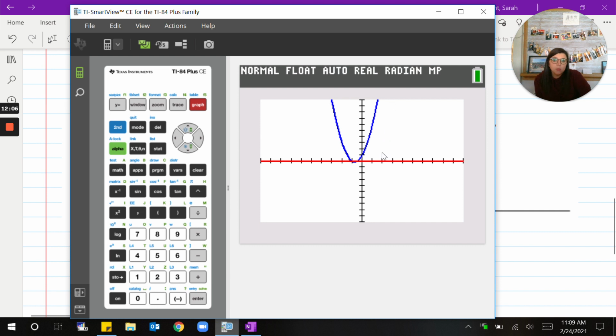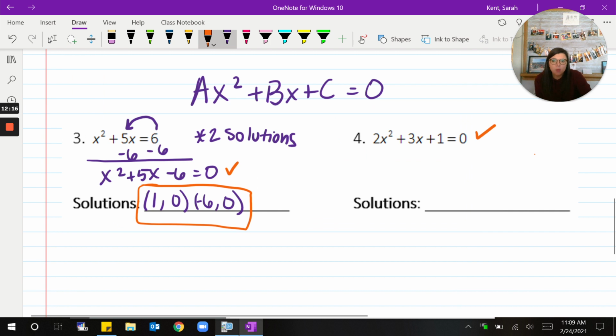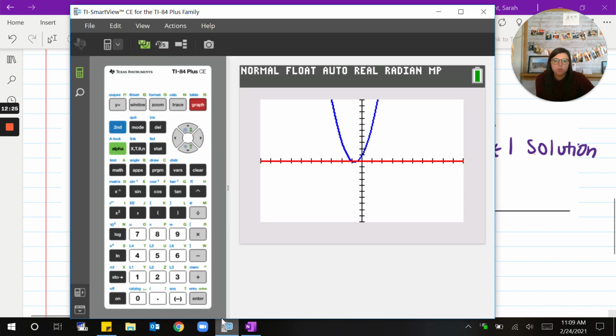here my blue line and the red line only touch one time. So that means I will just have one solution. So I'm going to make my note here that I have one solution. So all I have to do is second trace 5, enter, enter, enter, and here is my one solution.